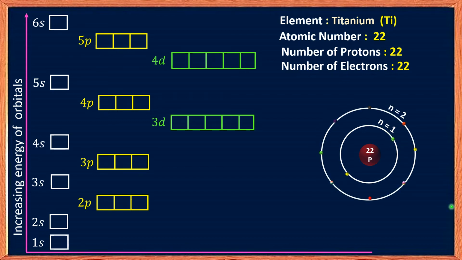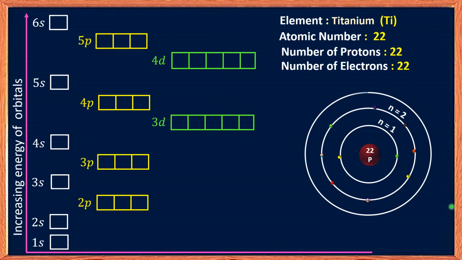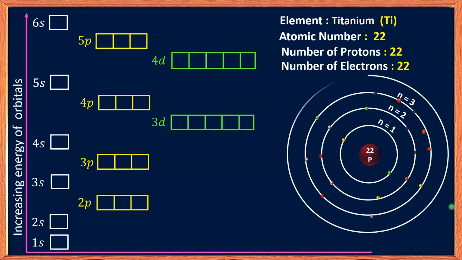See here. The first orbit contains 2 electrons, the second orbit contains 8 electrons, the third orbit contains 10 electrons, and the fourth orbit has 2 electrons. Totally 22 electrons are there. We have to fill these 22 electrons into the orbitals as above.